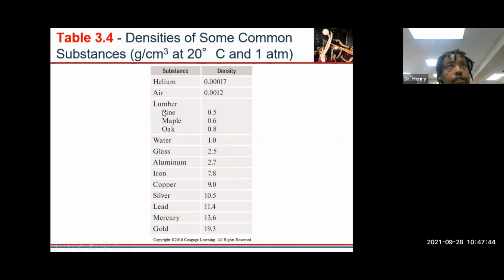So depending on the type of wood we're working with, pine is 0.5, maple is 0.6, oak is 0.8, all of which are less dense than water. And so these guys would float on top of water. Where glass is 2.5. It's not going to float. It's going to sink to the bottom. Okay, so these are some of the common densities of substances that we run across.